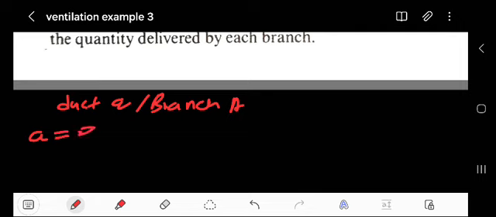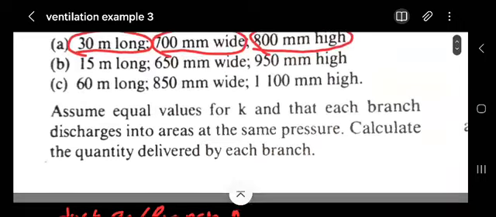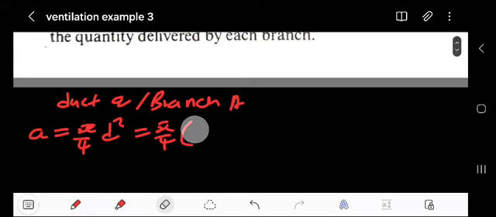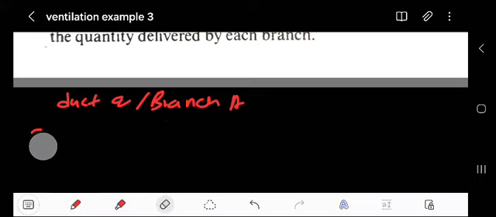Area is pi over 4 d squared, oh sorry, it cannot be like that, it's not a circle. I'm used to circular cross sections, that was wrong. That is a rectangle. So for the area, let me just say branch 1 to make it easy. Area 1.